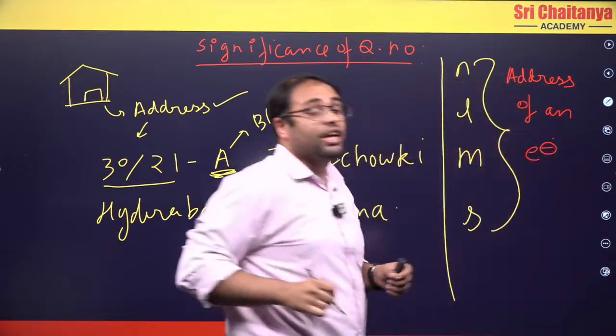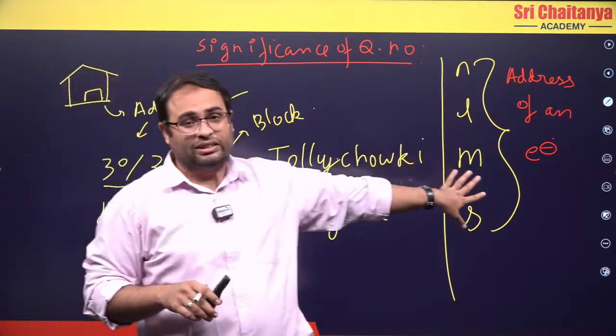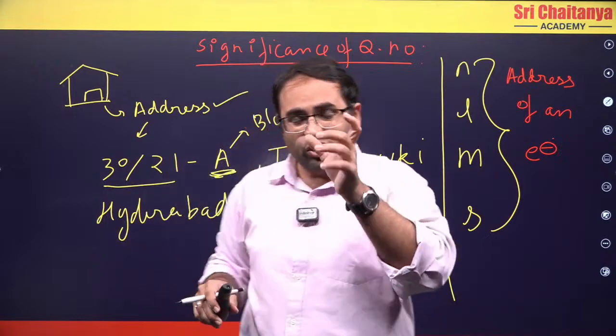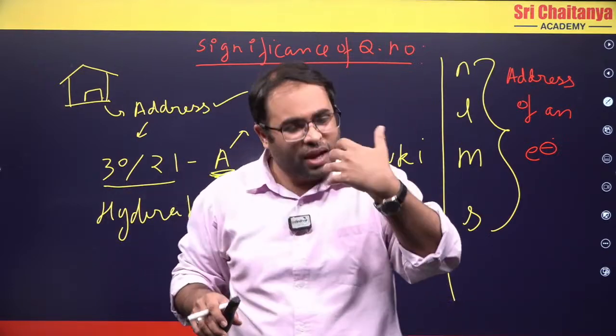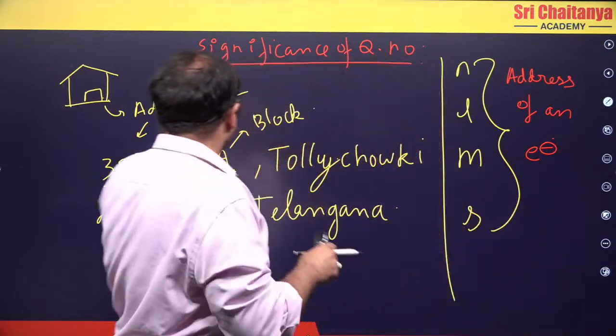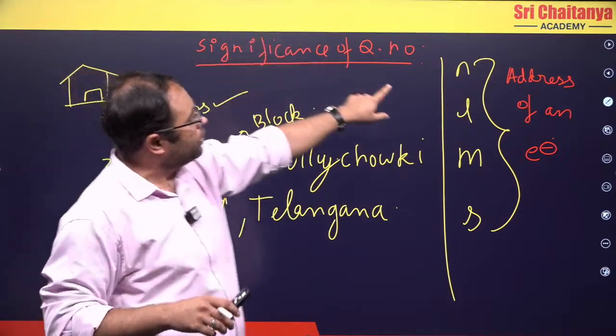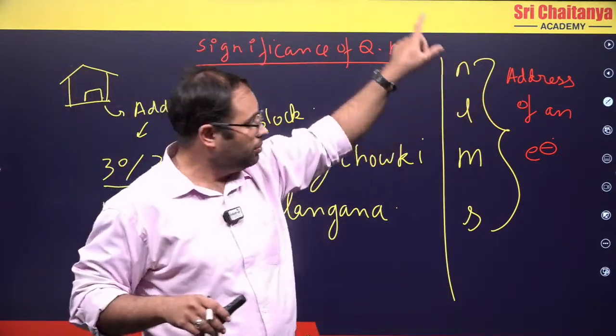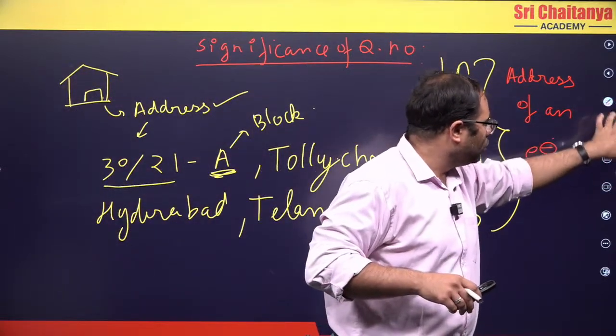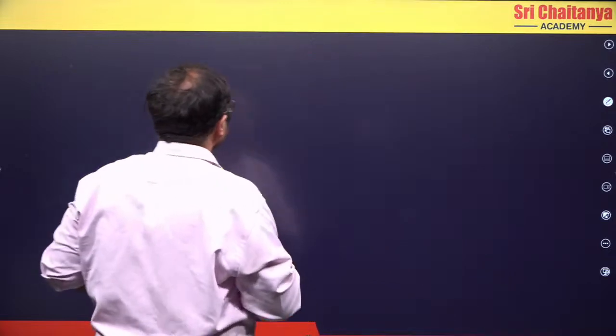I cannot put it more simply than this. It tells you the position of the electron and many more things we will learn. So now let us focus on the first, the principal quantum number, in the next slide.